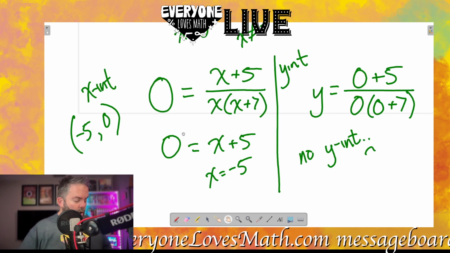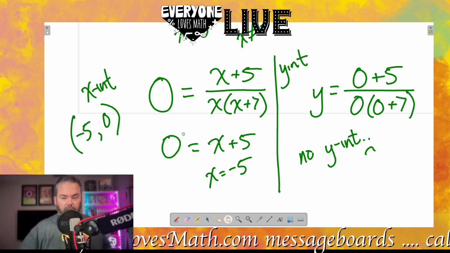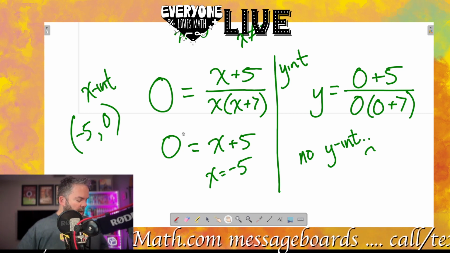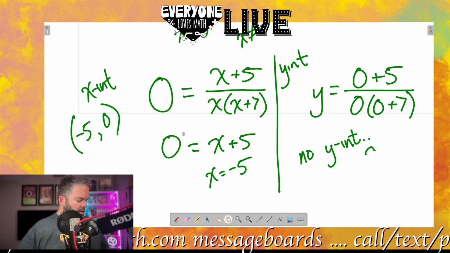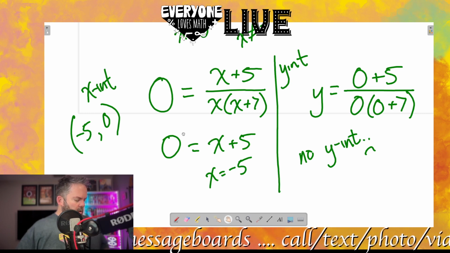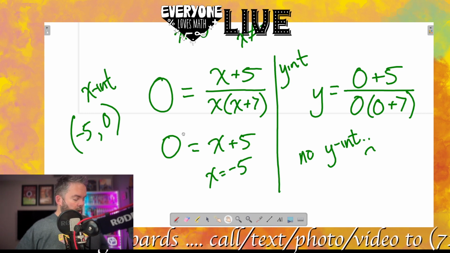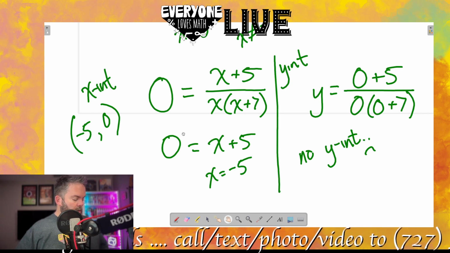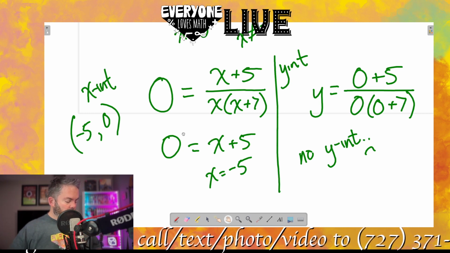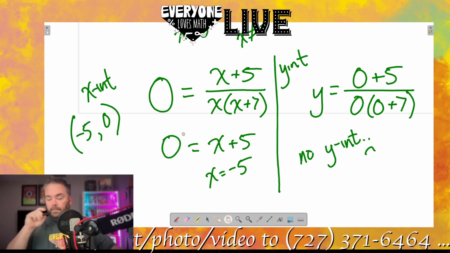So the graph will cross the x-axis at -5. And then the question is, let's see, touch but not cross. Yeah, so the answer would be B. The graph will cross the x-axis at x equals -5.